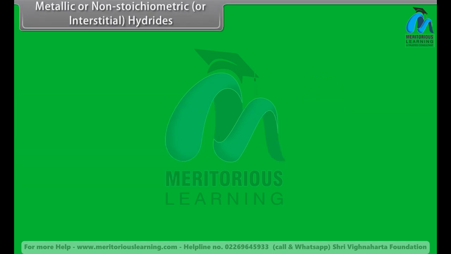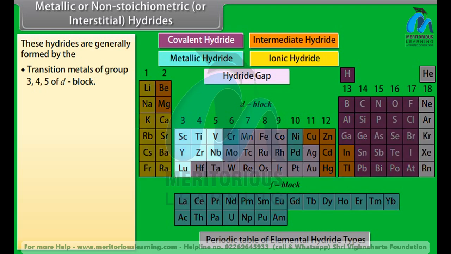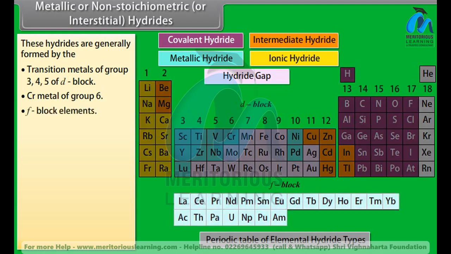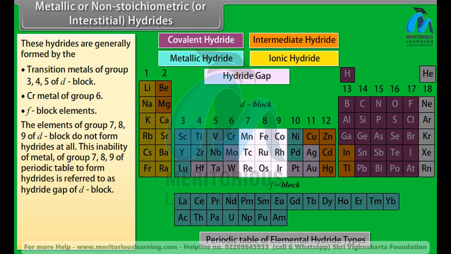Metallic or non-stoichiometric or interstitial hydrides. These hydrides are generally formed by the transition metals of group 3, 4, 5 of the d-block, Cr of group 6, and f-block elements. The elements of group 7, 8, 9 of the d-block do not form hydrides at all.